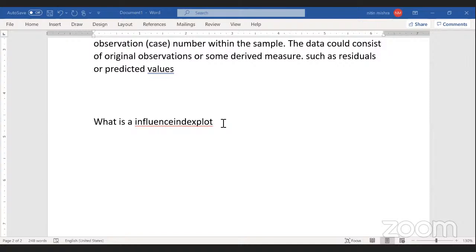An influence index plot is something that is related to the regression model. And it provides the index plot of the influence-related diagnostics for the regression model.